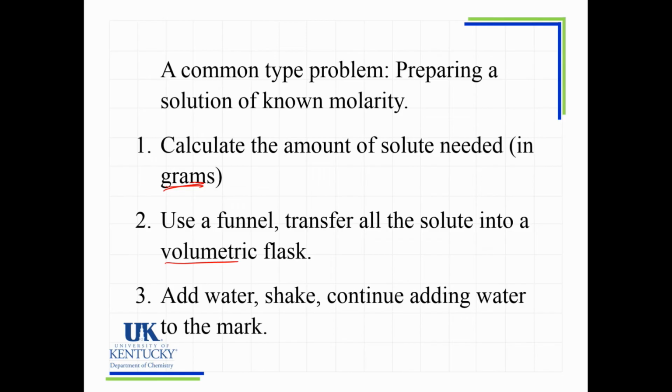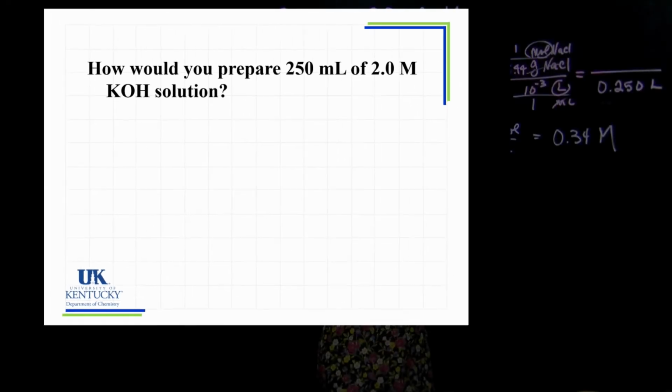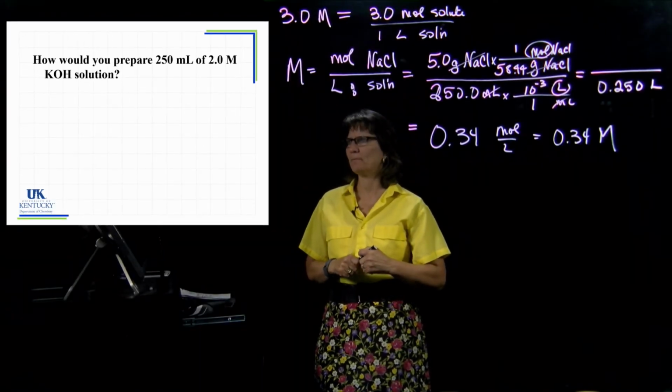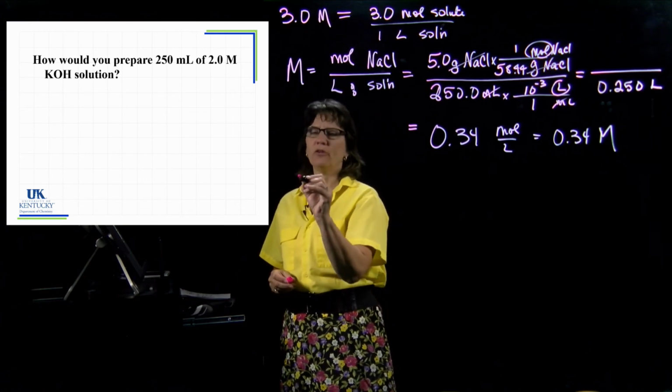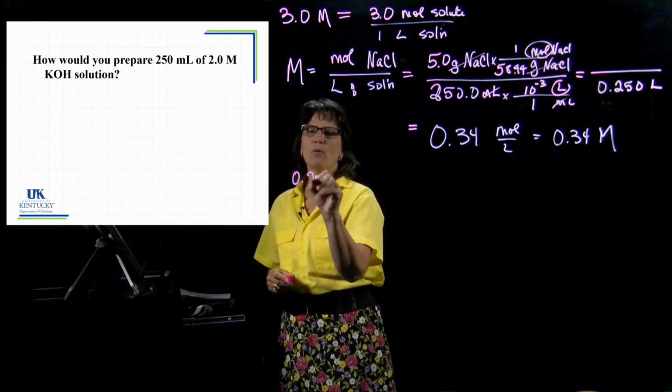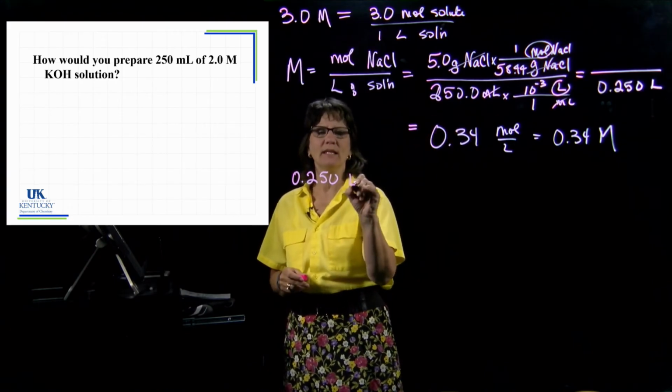Let's see the step one, the calculate part, okay? We're wanting to prepare a solution that's 250 milliliters of 2.0 molar KOH. So let's turn to the light board here and let's do that, okay? Now, the 250 milliliters is, as I said, I won't always do the conversion that you see here, is this many liters.